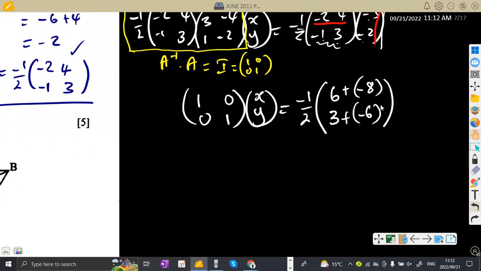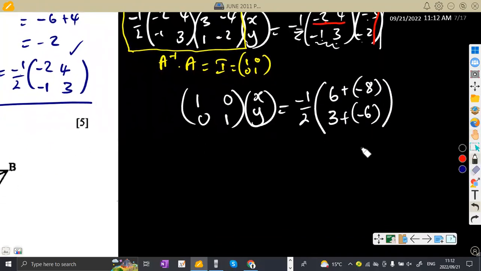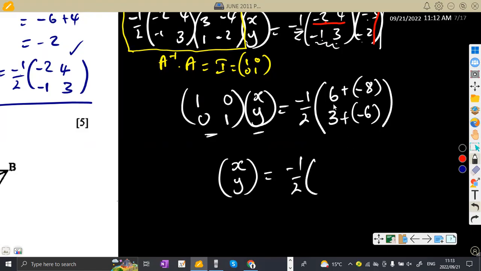And if we are to multiply here, an identity matrix times any matrix, it remains as it is. So if you multiply any matrix by an identity matrix, that matrix will remain as it is. So this one is going to give us x y like that, which is equal to negative half by, we can combine 6 plus minus 8, which is minus 2, and 3 plus minus 6, which is minus 3.